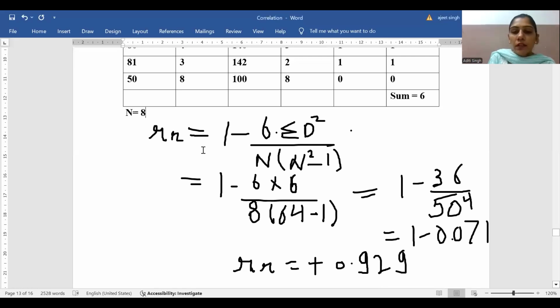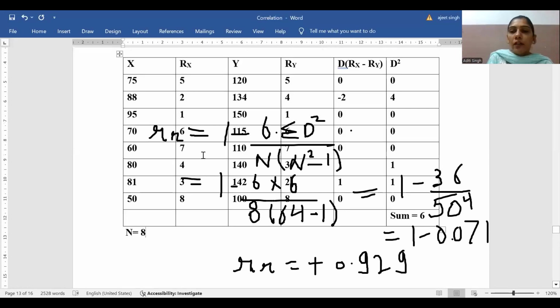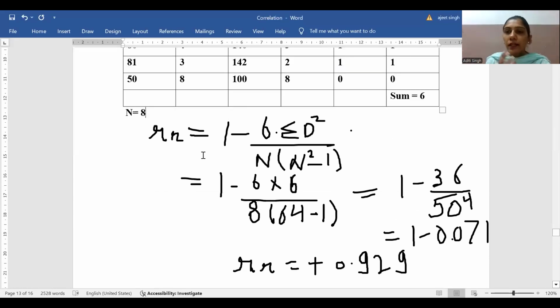So in this given question, what we have done is that we have assigned rank to a given quantitative data which is given for two variables x and y. First of all, we have assigned ranking to both the series.